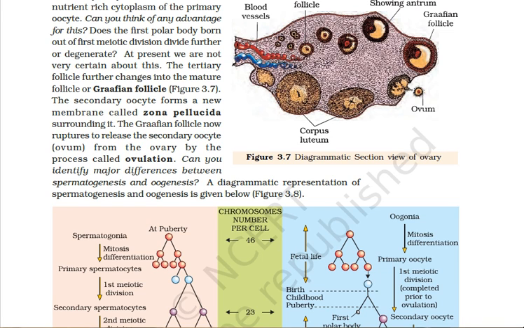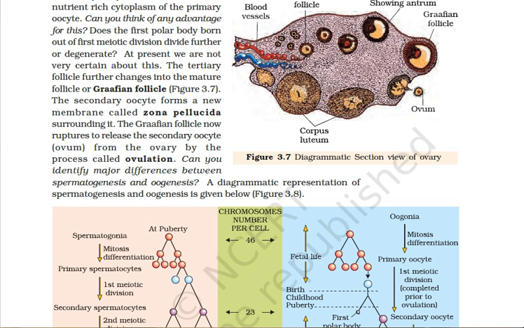As the secondary follicle grows further, the small cavities merge together and one large fluid-filled cavity is formed. This large fluid-filled cavity is called the antrum. This mature follicle is now called the Graafian follicle.